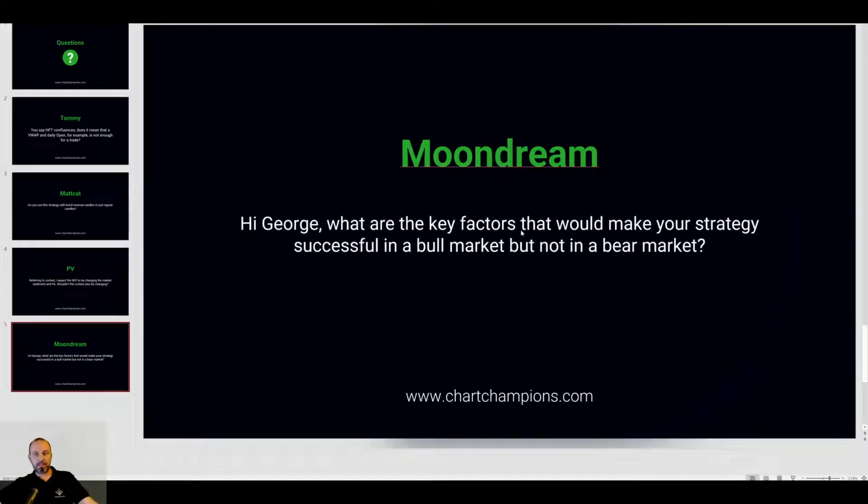What are the key factors that would make your strategy successful in a bull market, but not in a bear market? It's just a matter of testing, and actually, it works pretty much the same. It works really well in a bull market or in a bear market. But to give you the best results possible based on my testing, I need to test it in the bull market and in the bear market.